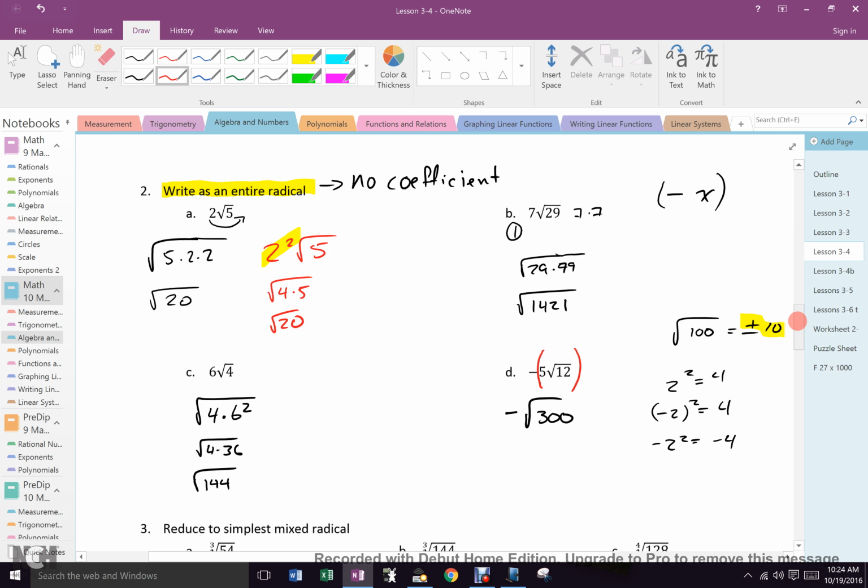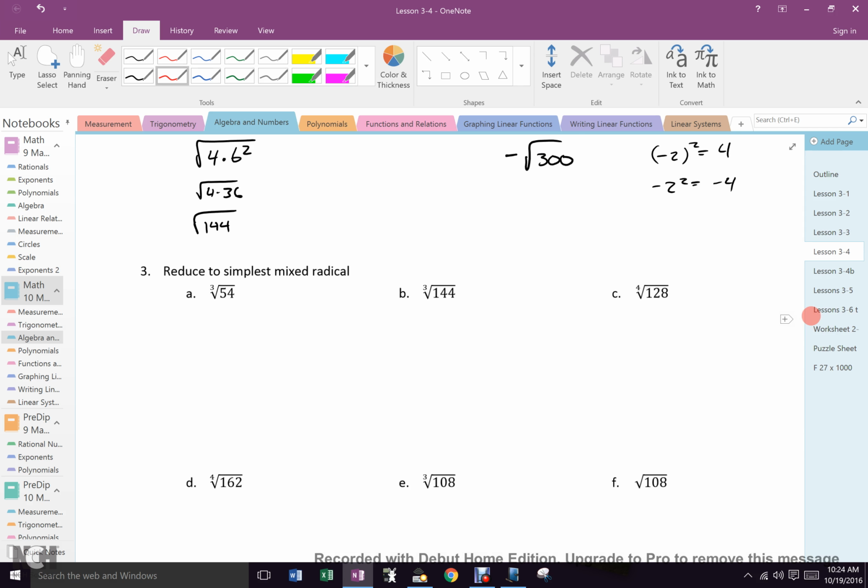Okay, let's move along. What is different in A? It's cubed. What does that little 3 tell me? I need a group of 3 factors, yes.